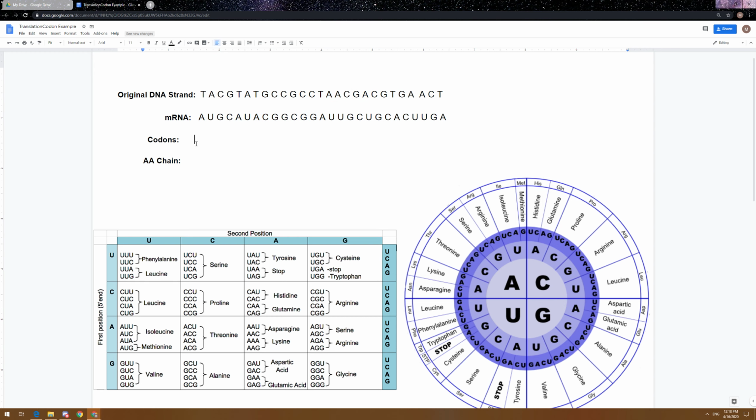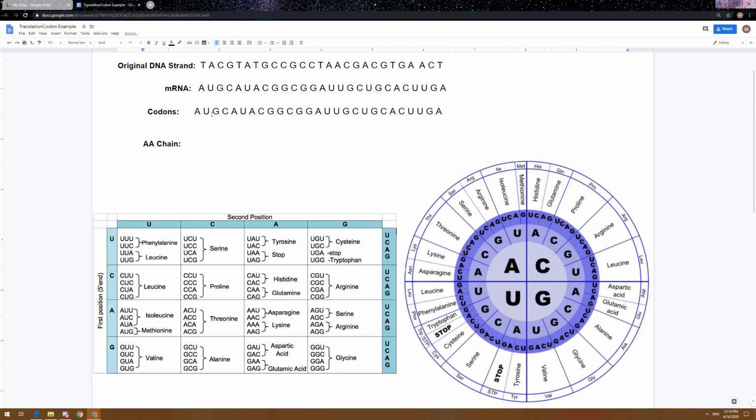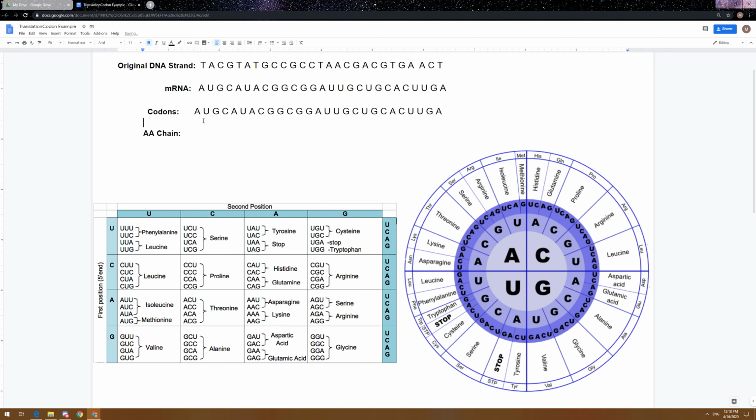Okay, so what we want to do now, after we've transcribed it, is look at this to be able to make amino acids. To do that, we need to take our RNA chain and make it into codons.